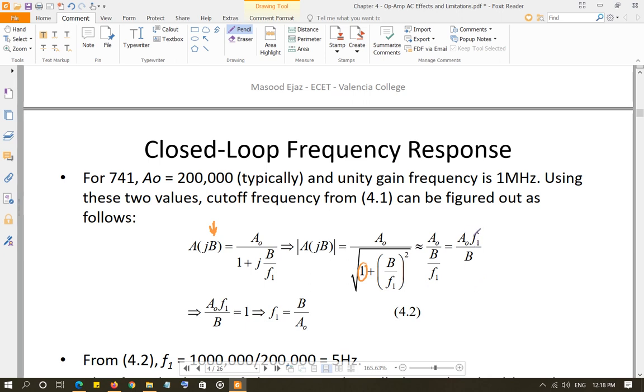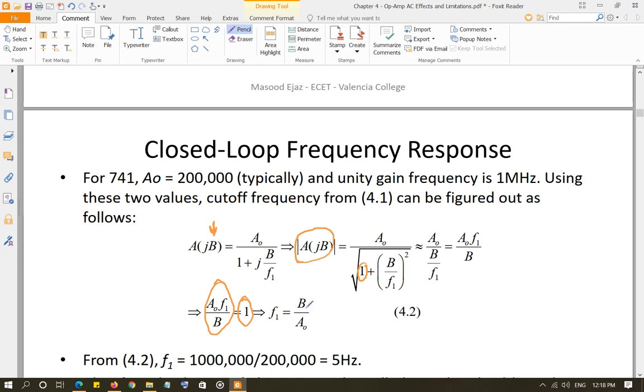Or in other words, a naught f1 over b is the gain of the amplifier at unity gain frequency. And remember, the gain of the amplifier at unity gain frequency is 1. That's why it is called unity gain frequency. So this expression is equal to 1, from which we can say that the cutoff frequency is equal to b over a naught.